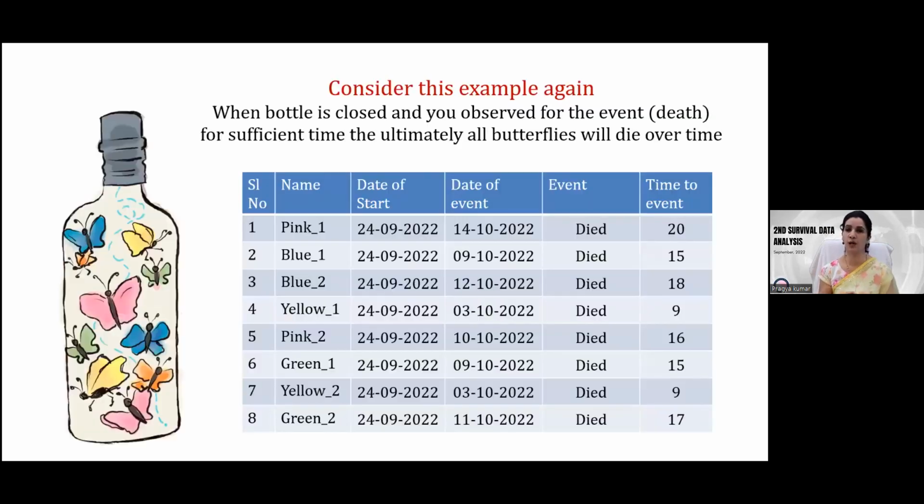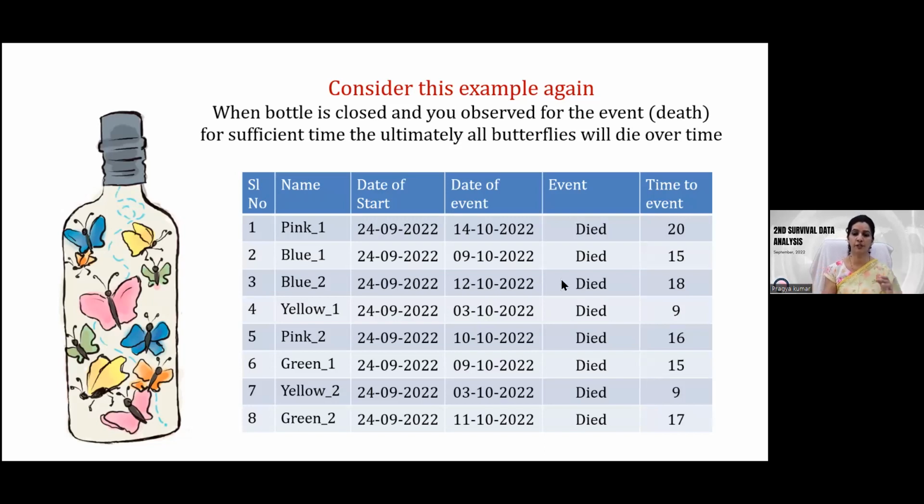Yes. So just to give this hypothetical example, this is the same butterfly which you saw in the beginning, the bottle with butterflies. So just see this example again. In this case, the bottle is closed and you observe the event, which was the death of the butterfly, and the total study period we have fixed as 1 month.